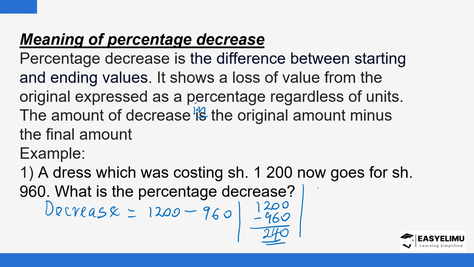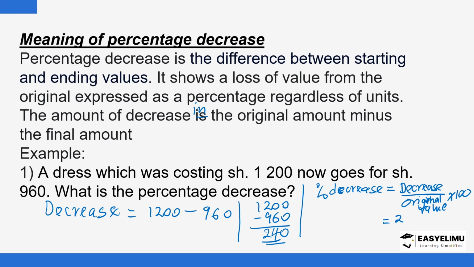So we say now percentage. The symbol used for percentage is that. So percentage decrease is equal to the decrease over the original value, and then you multiply by 100.